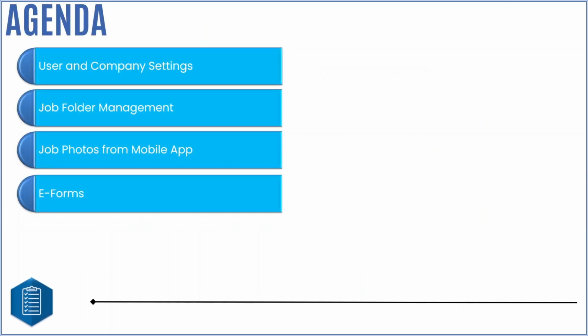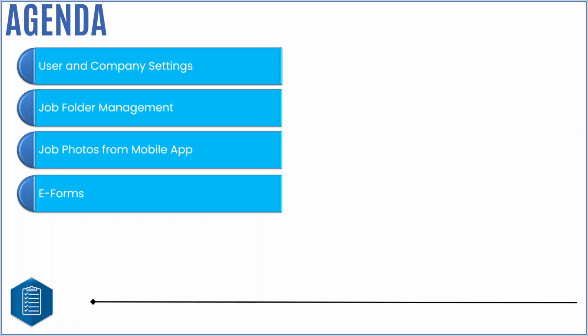Today, we'll review how to manage your user and company settings to ensure your team can upload and access attachments seamlessly. We're going to look at creating organized subfolders by job type to keep your files clean and searchable. And applying photos to jobs directly from the mobile app is an essential feature for documenting progress in the field.